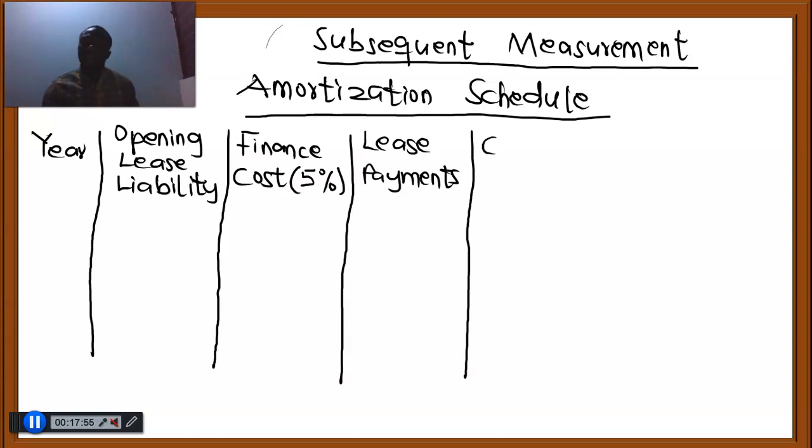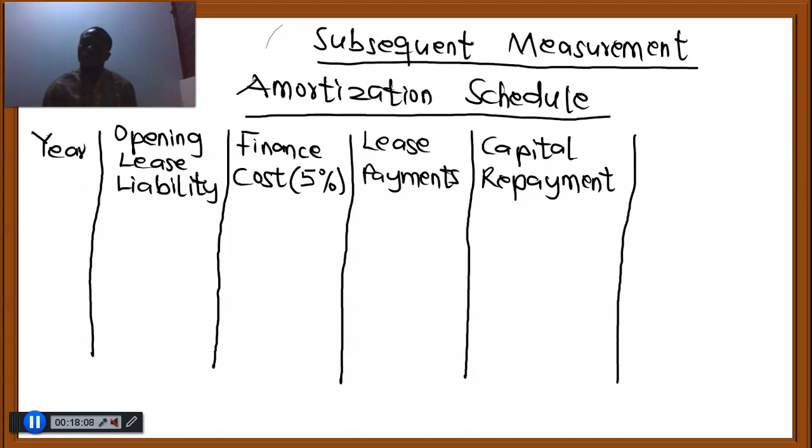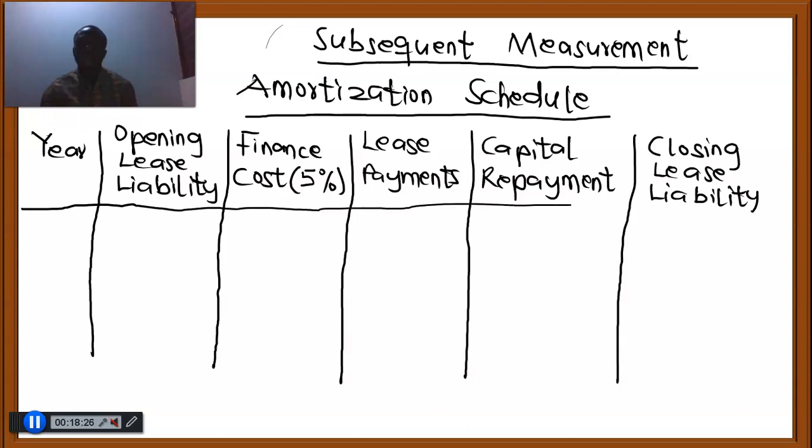The next thing is the capital repayment. Then we have our closing lease liability. We underline it and bring our Ghana cedi sign here.